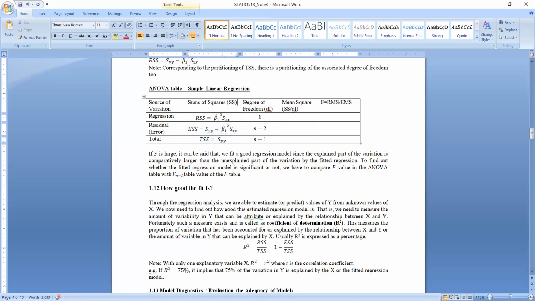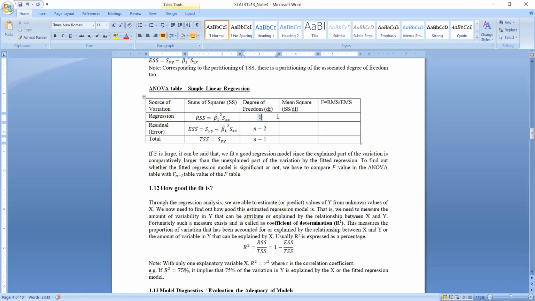The third column is degrees of freedom. Since we are talking about simple linear regression, where we have only one independent variable, the degrees of freedom associated with regression is 1. This number comes from the number of independent variables in the system.